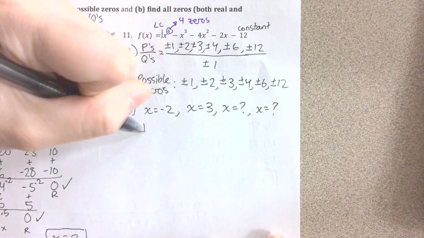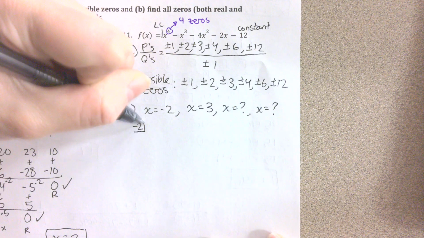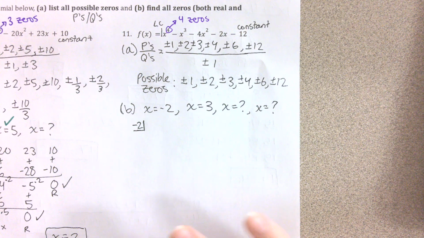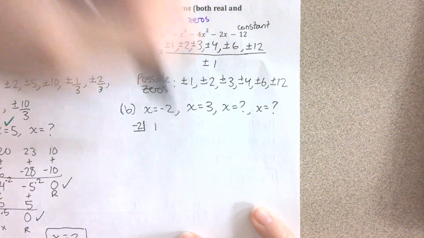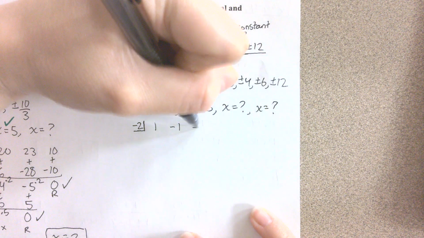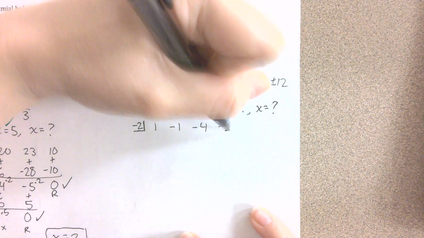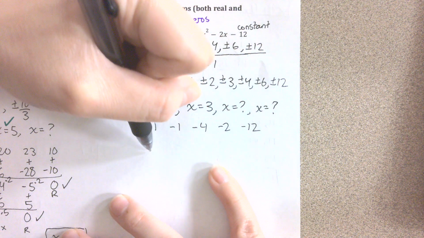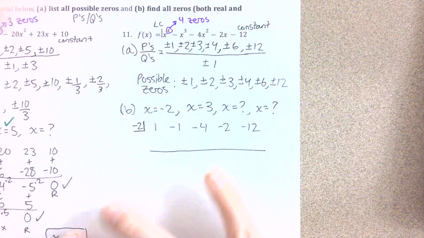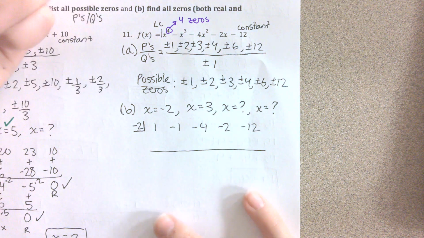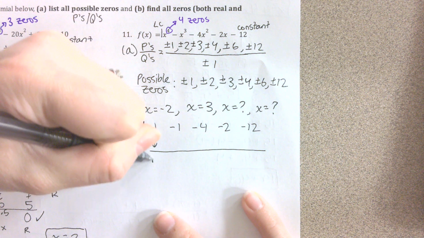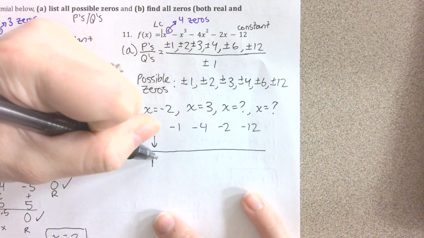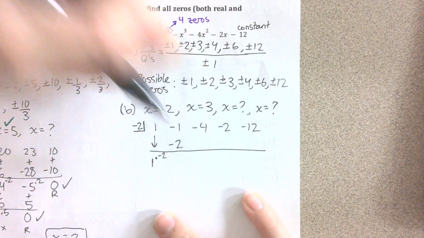So first I divide by negative 2, the first zero. Set up the coefficients. We have 1, negative 1, negative 4, negative 2, and negative 12. First we bring down that 1. 1 times negative 2 is negative 2.